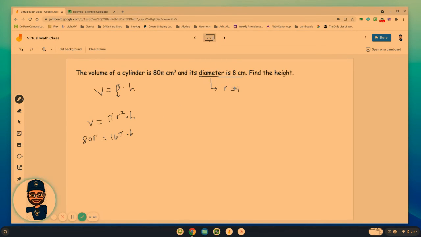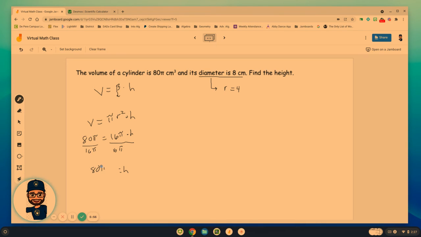If the radius is 4, that means the area of the circle is pi r squared, or 16 pi. If we want to figure out the height, we have to get h by itself, or divide by 16 pi. Divide by 16 pi. Or h equals 80 pi over 16 pi.